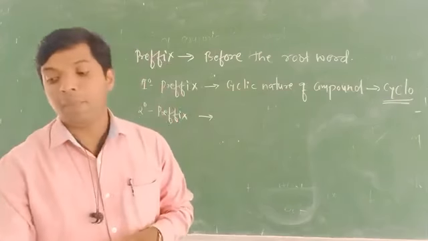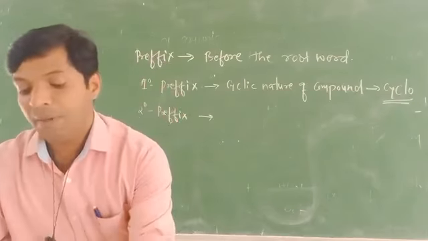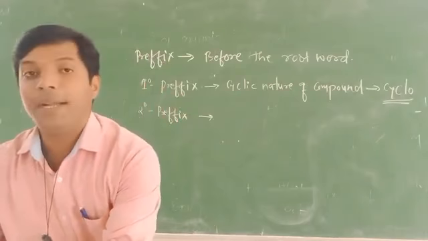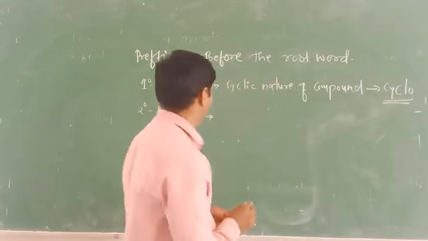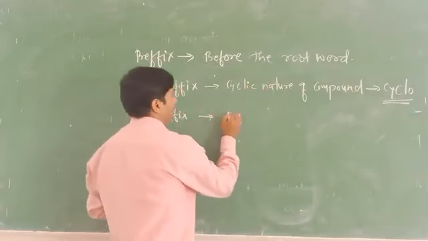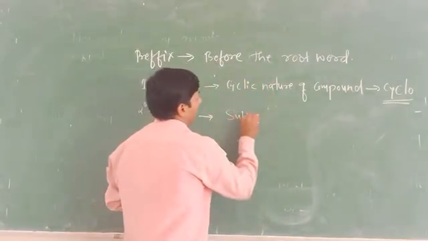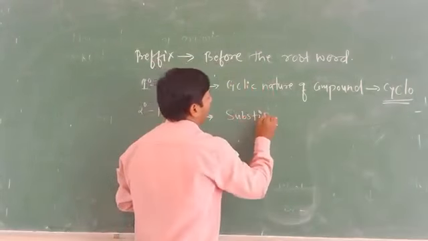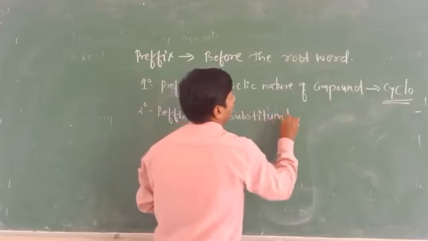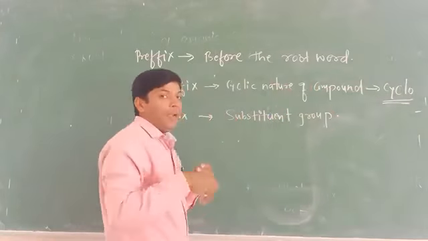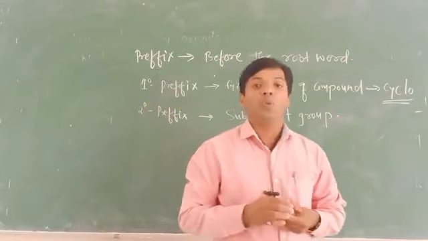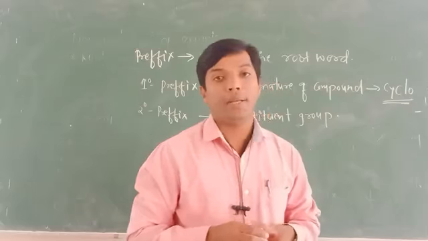What about the secondary prefix? The secondary prefix gives an idea regarding the substituent group. Depending upon the presence of a substituent group, you have to write down the secondary prefix.